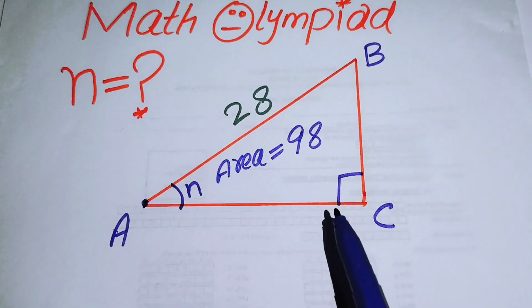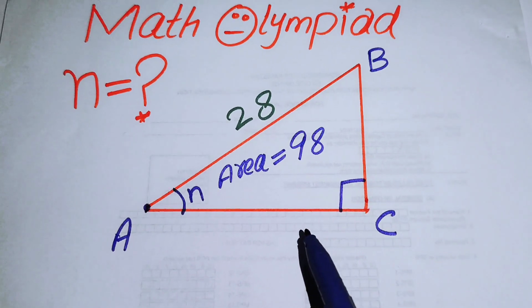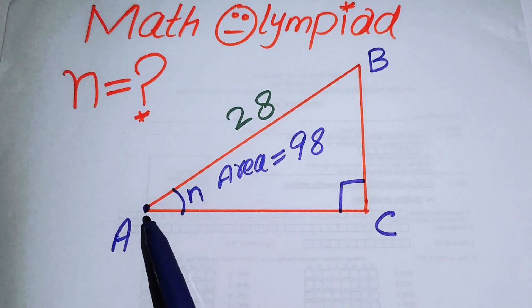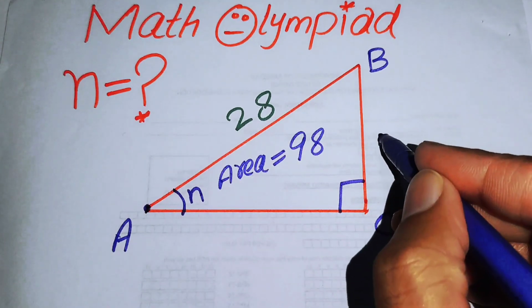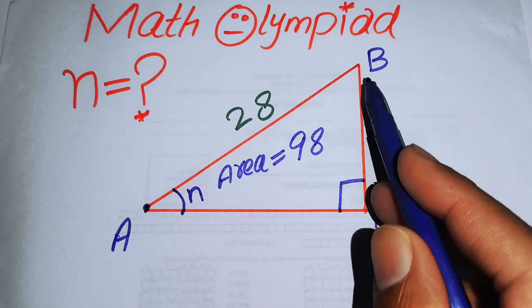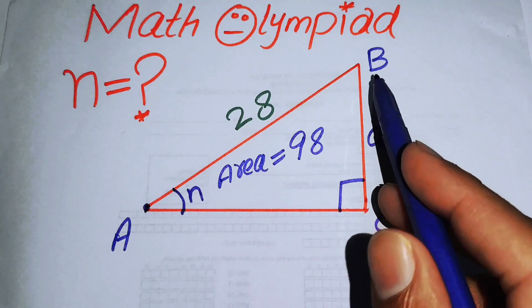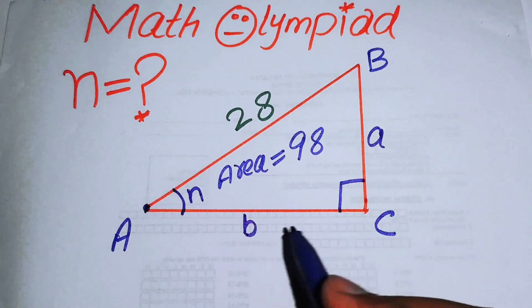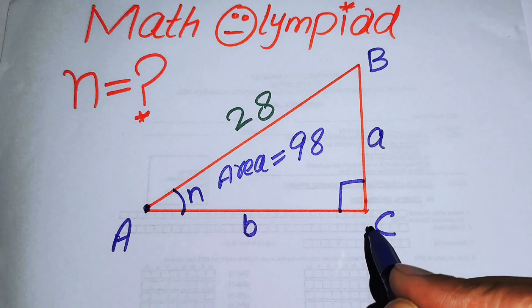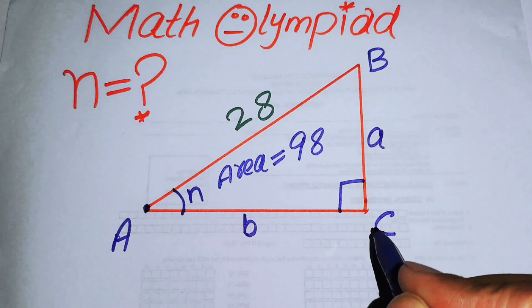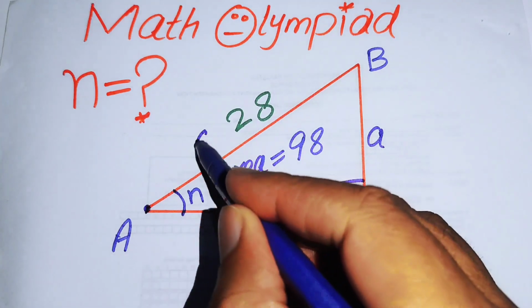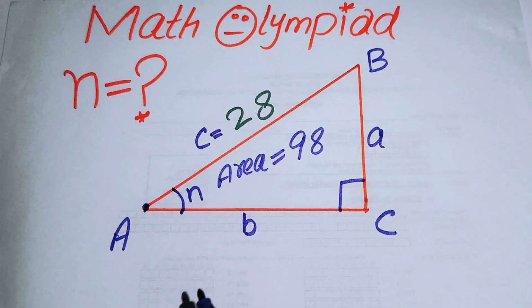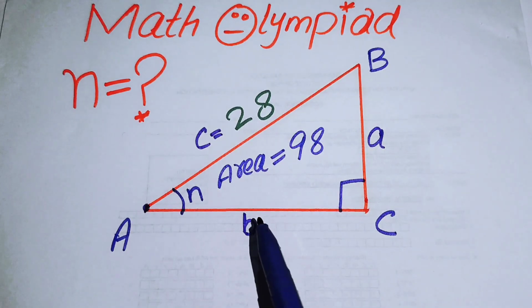First, you see here it is a right triangle, and now I can name the side opposite to vertex A as small a, the side opposite to the vertex B is small b, and the side opposite to the vertex C is small c. So these are the lengths of all three sides.